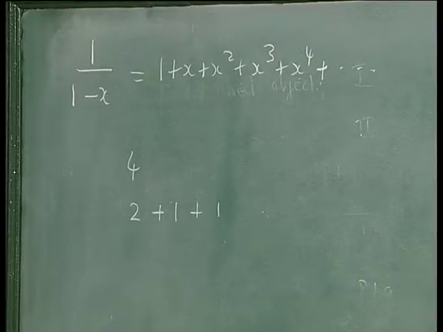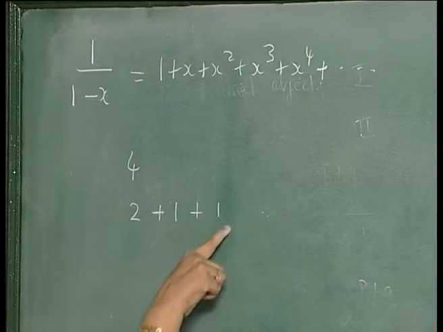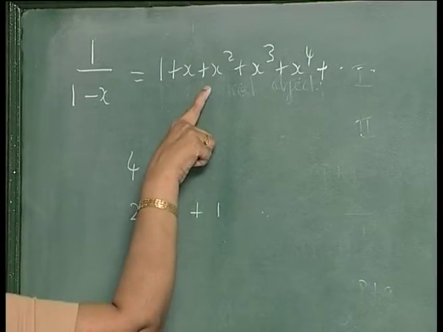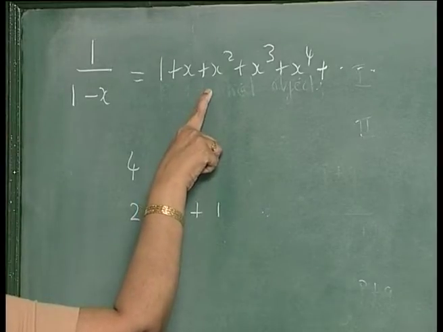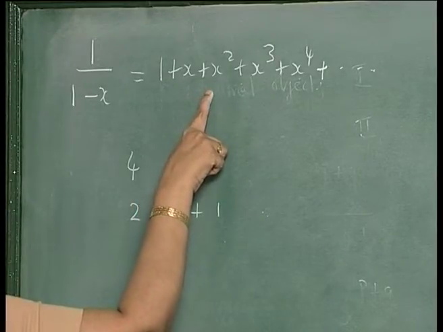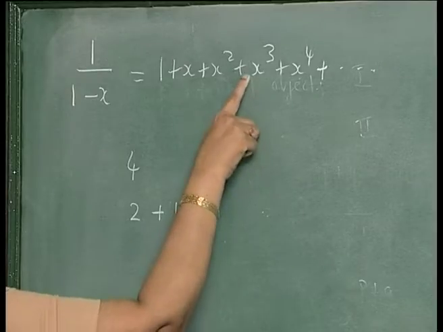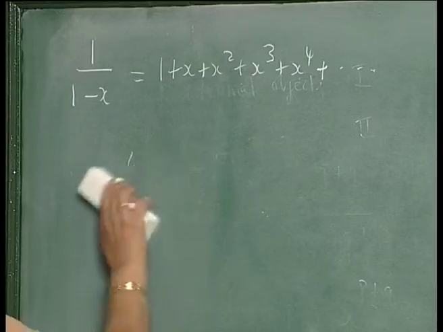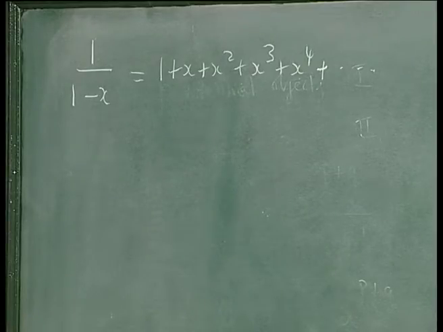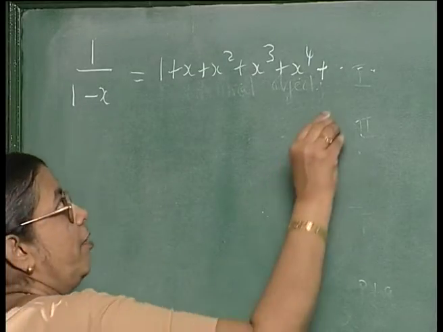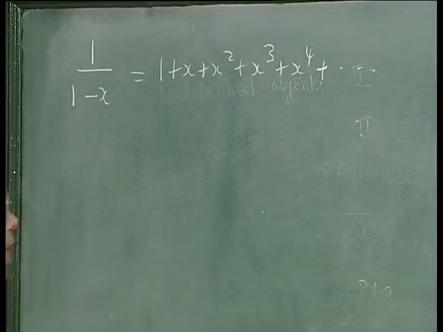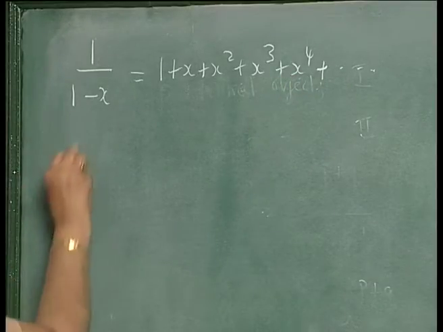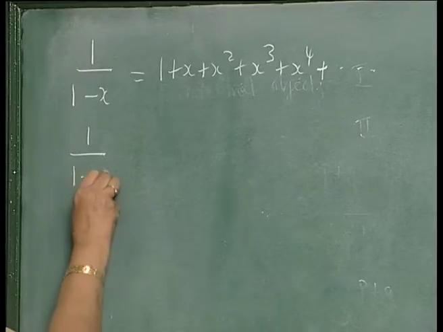The number of ways we can have 2 ones in a partition is the coefficient of this. The number of ways we can have 3 ones is the coefficient of x cubed, and so on. So, in any partition, the number of ways we can have k ones is only one way. That is the coefficient of x power k here. Consider this.